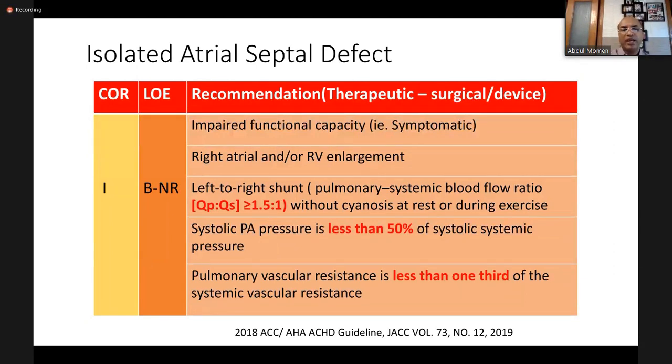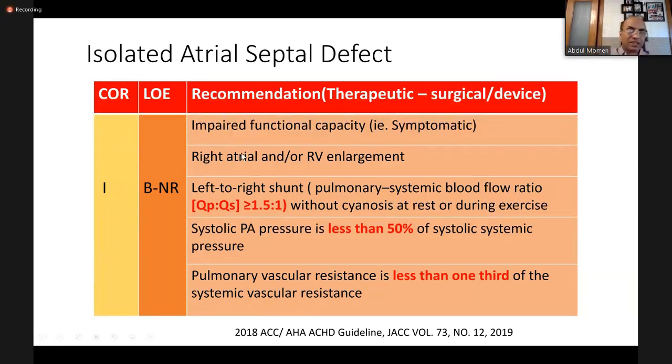Here there is no age limit, before 40 or after 40. Impaired functional capacity is measured by symptoms; right or left RA/RV enlargement, QP/QS ratio more than 1.5:1. When the RA and RV are enlarged, we assume the QP/QS ratio is more than 1.5:1.